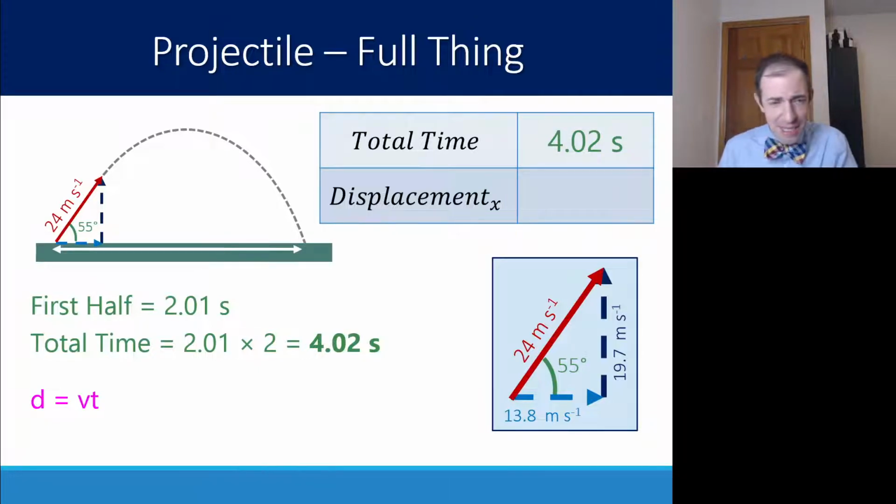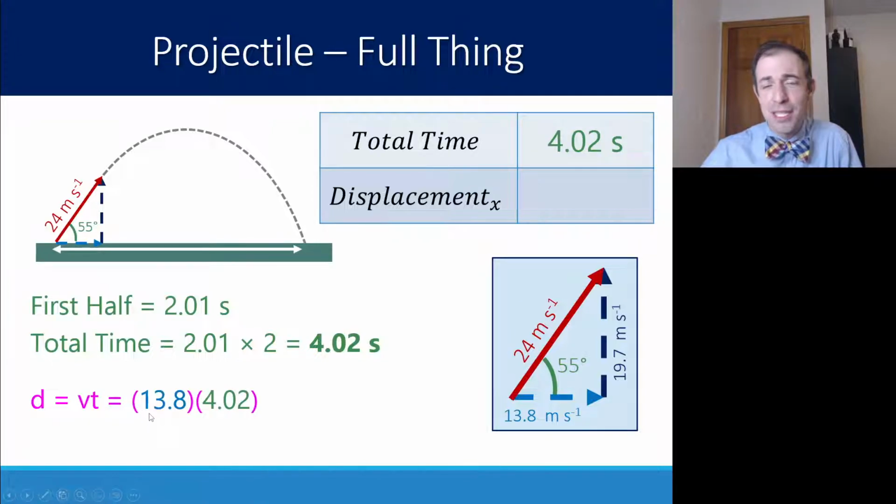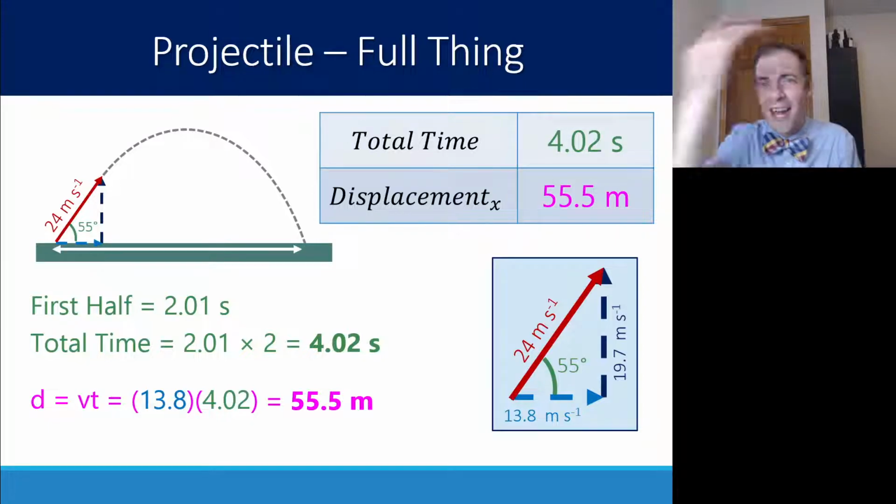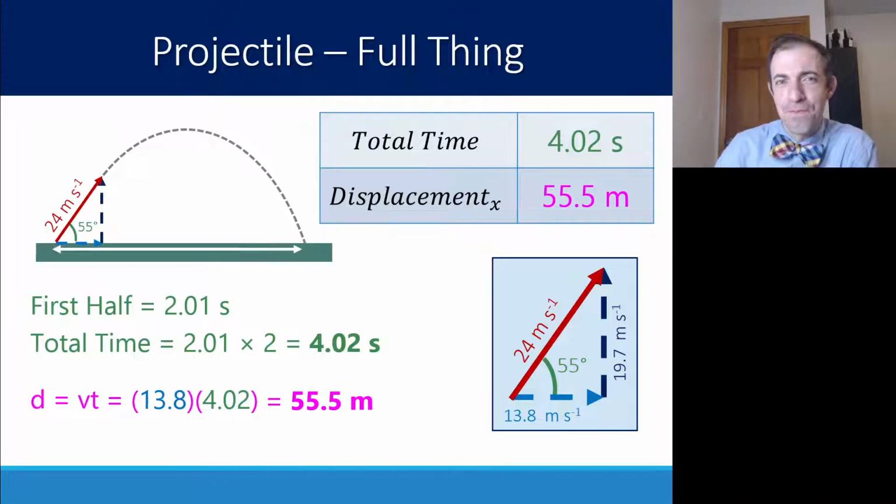It's traveling at 13.8 the whole time for a whole time of 4.02 seconds. Plug that in. 13.8 times 4.02, we get 55.5 meters. That's how far it travels in the x direction during that projectile that was launched.